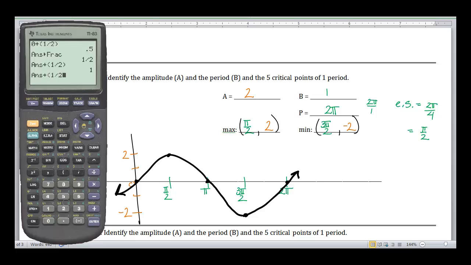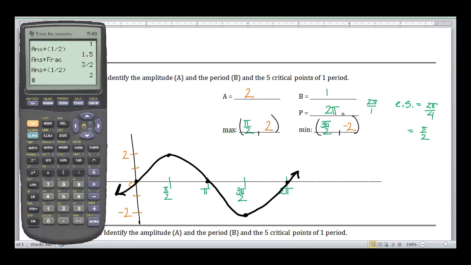Add another half, 3 pi over 2. And lastly, add a last half, 2 pi. Remember, this end point and your beginning point should always be the length of your period. If I do 2 pi minus 0, I should get 2 pi.